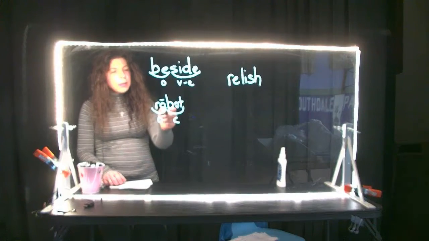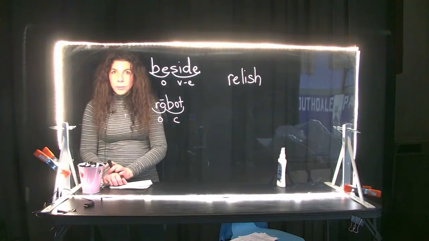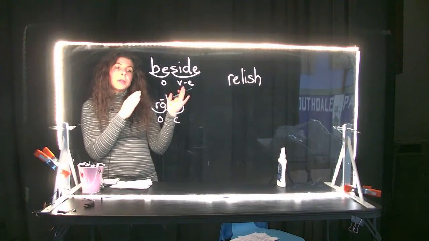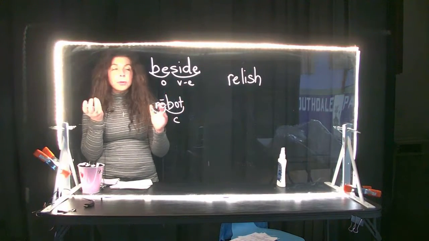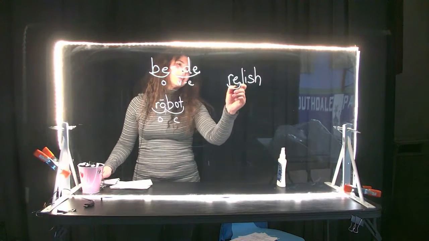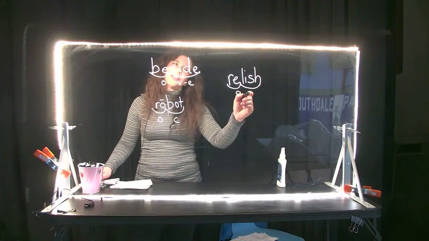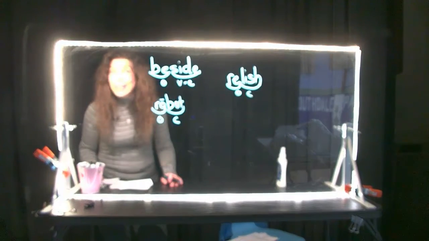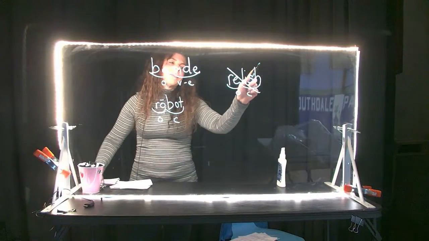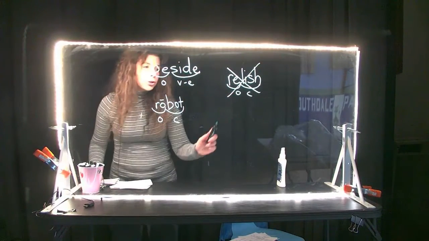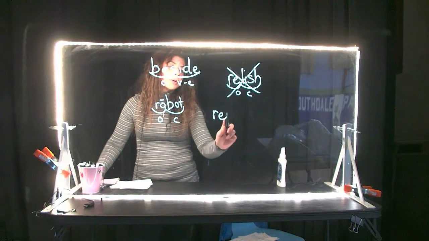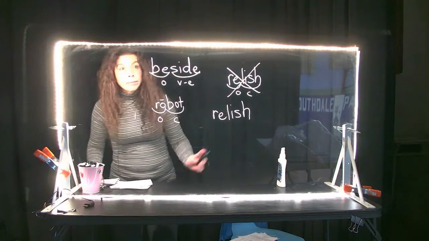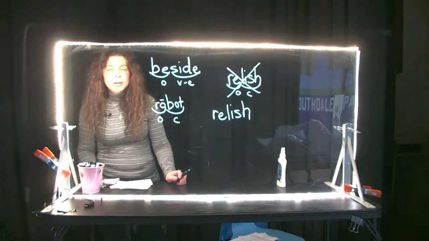If I follow that same pattern with the first making it an open syllable with either vowel consonant E or a closed syllable, then I have relish. Relish. Have you ever heard of relish before? I haven't. Because it's not relish. It is something that you put on hot dogs, which I love. This. Not so much the hot dog.